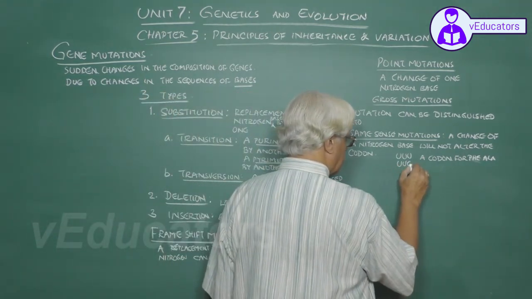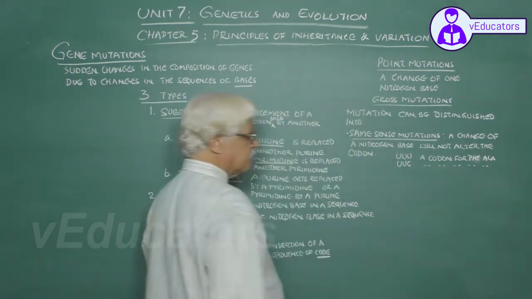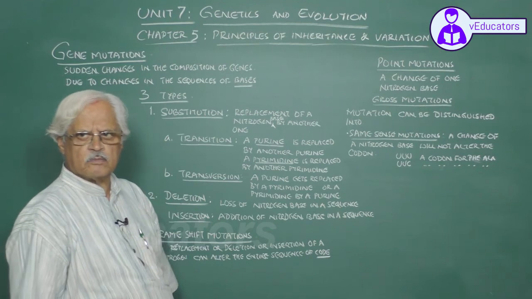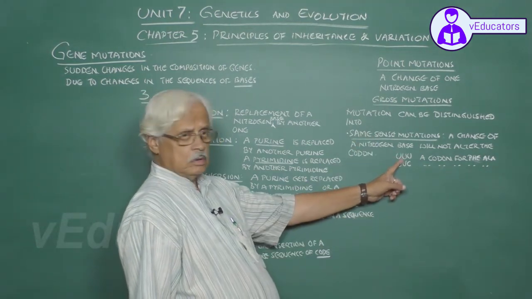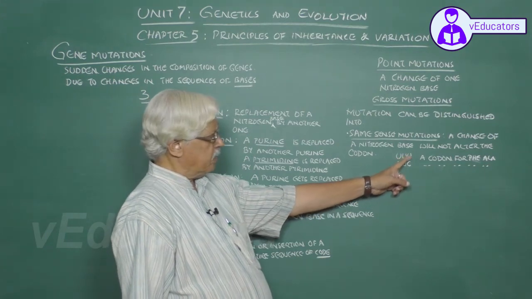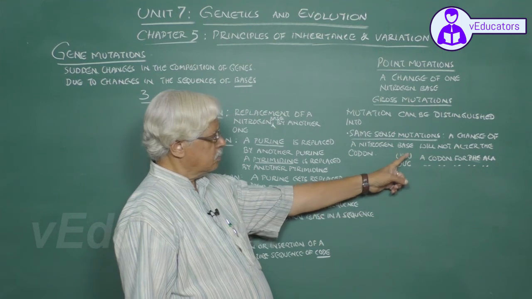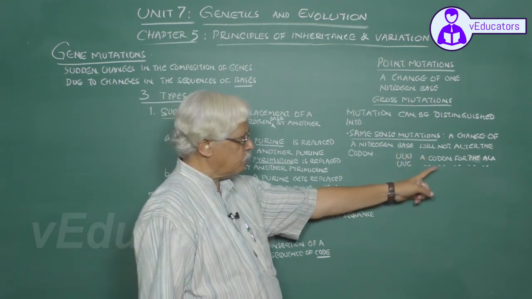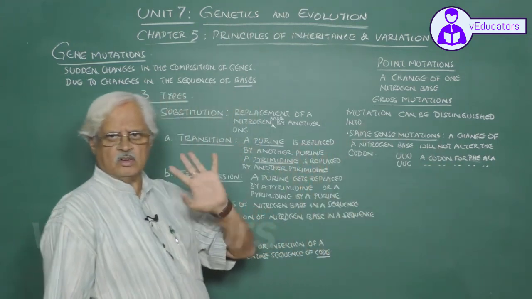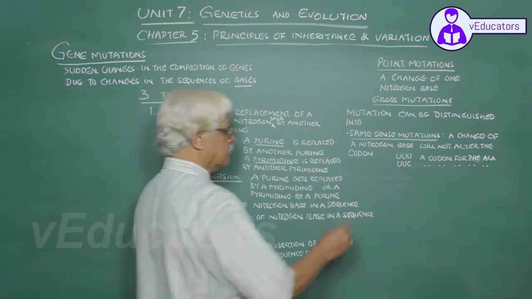UUC is also a codon for phenylalanine. Suppose in place of U, C gets changed, it does not alter because both these code for the same amino acid. Therefore, the amino acid will not change.